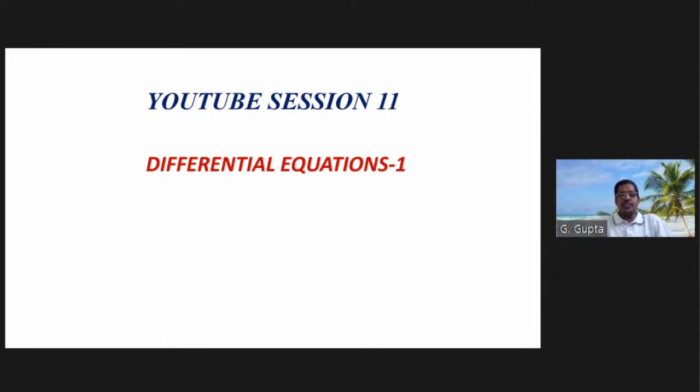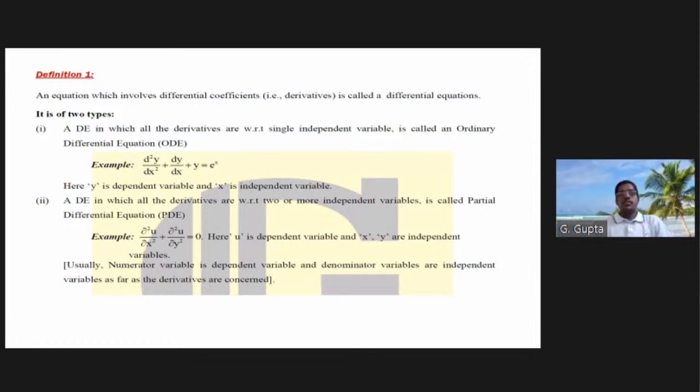Now this is differential equations, two parts, part 1, part 2. It doesn't mean that like that part 1, part 2. So 1 means first order differential equations. 2 means higher order differential equations. So a few definitions we have to learn.